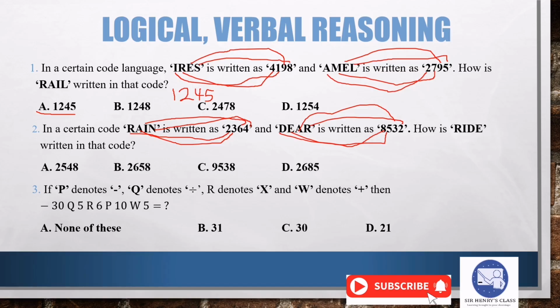So R represents 2, I represents 6, D represents 8, and E represents 5. So clearly our answer is 2, 6, 8, 5.